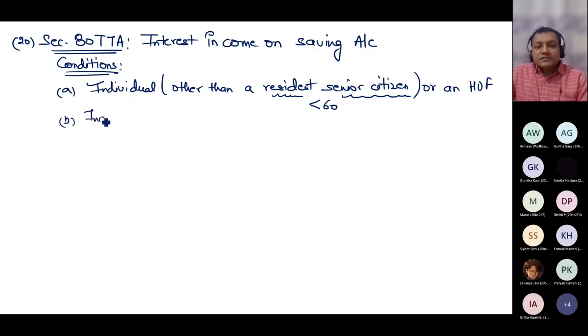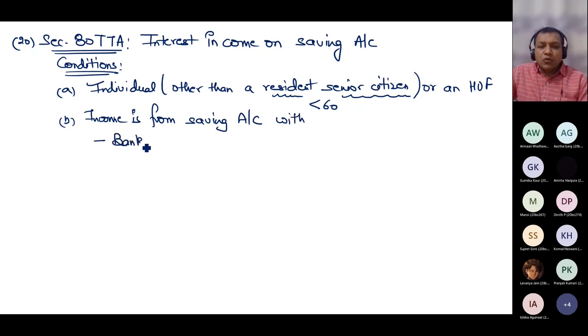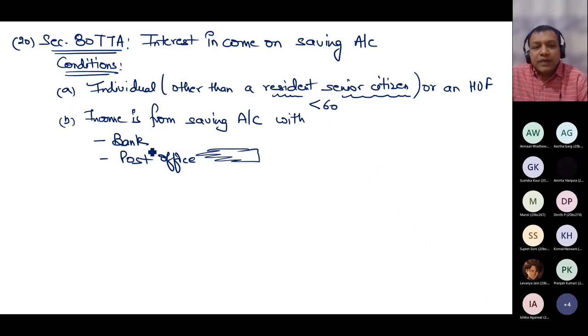Income is from a saving account. You can open the account with any bank or even in post offices. If you are living not in metropolitan cities but in a village or even in small towns, then the post office is treated as more trustworthy and friendly as compared to a bank.